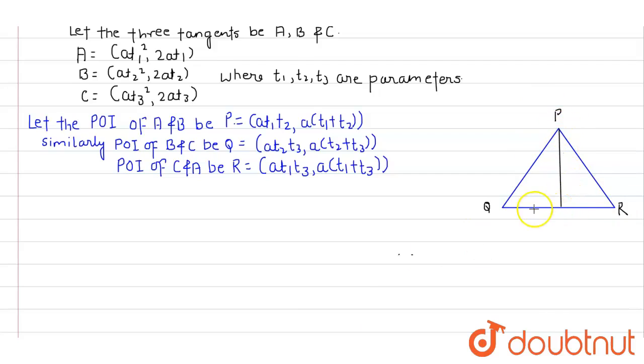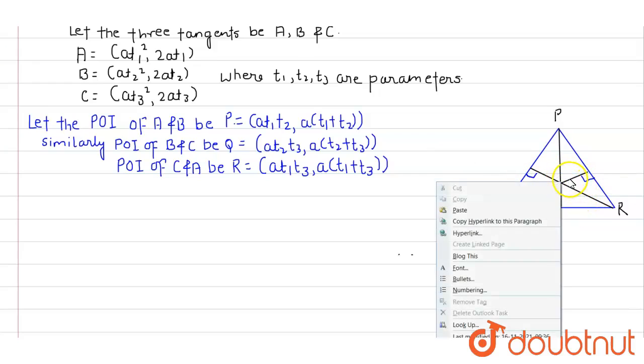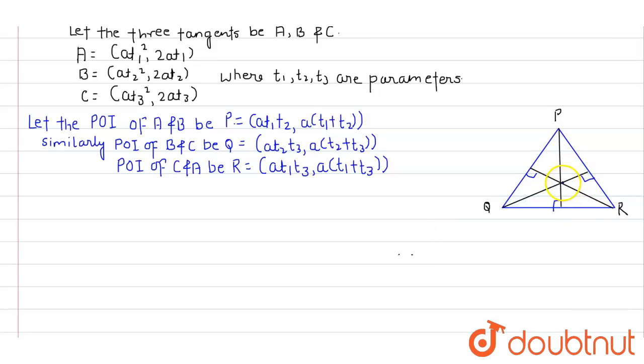Let's say this is my first altitude and this is my second altitude, and similarly we can have the third altitude, and their point of intersection is nothing but our orthocenter. Altitude means it will be perpendicular. So these are the three perpendiculars, and the point of intersection, let's call it O, will be our orthocenter.